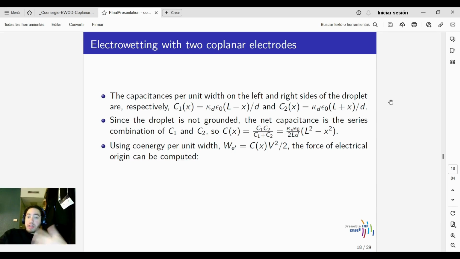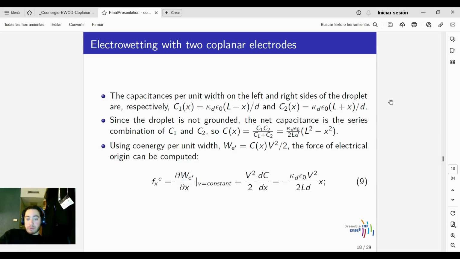In this case, we can again compute the electrical force by taking the derivative of this co-energy function with respect to x, the horizontal displacement, evaluated at a constant voltage value.